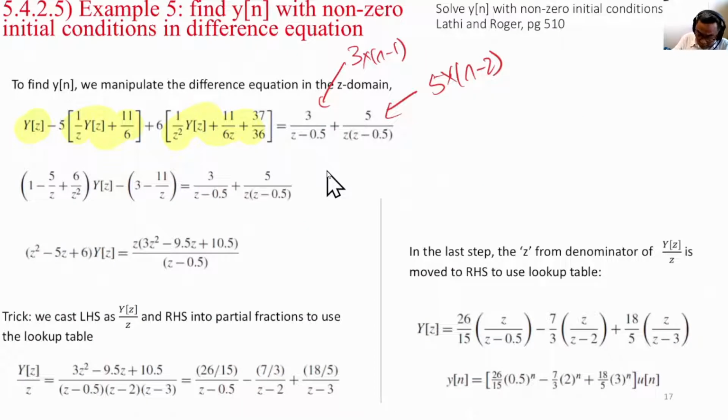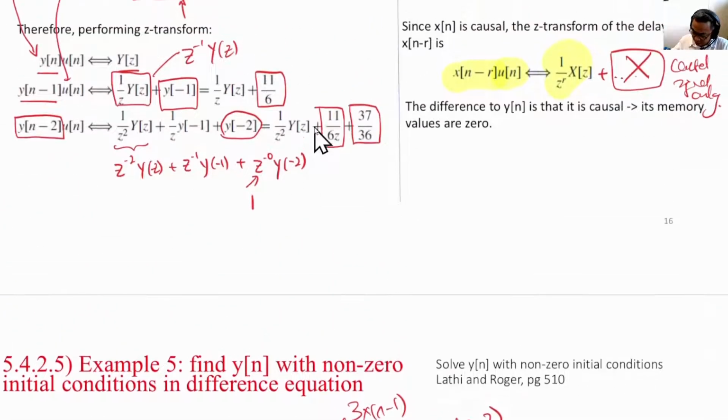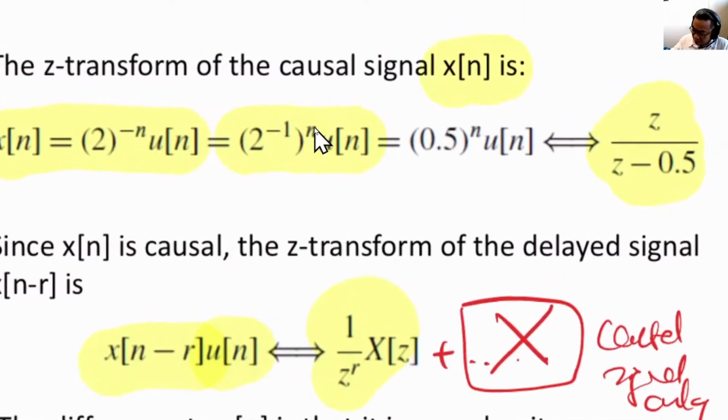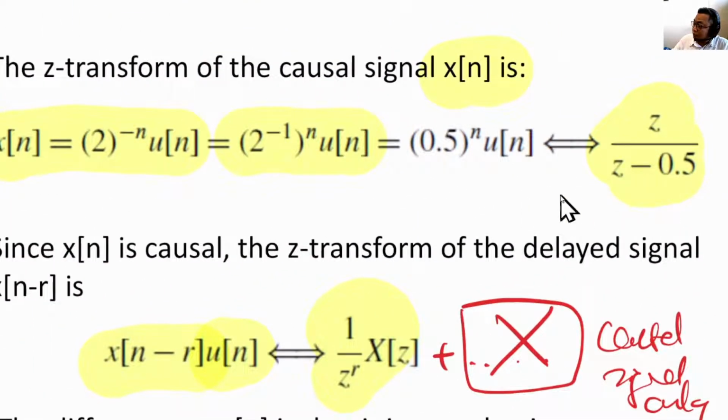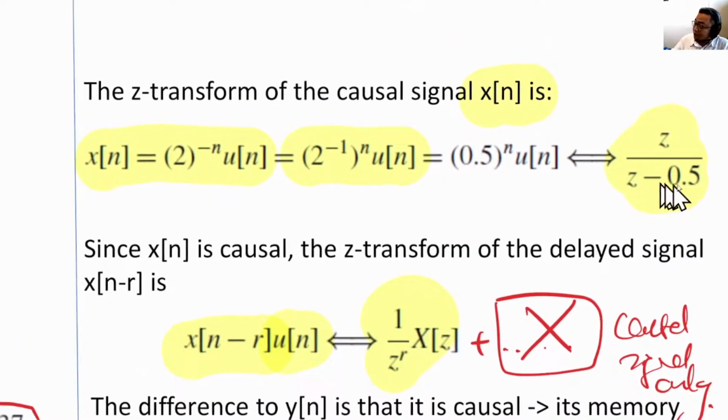Now look at this equation carefully. This is 3 over z minus 0.5. The numerator z is gone. Look at this expression of x[n]. It is z over z minus 0.5. The Z-transform of x[n] is z over z minus 0.5.